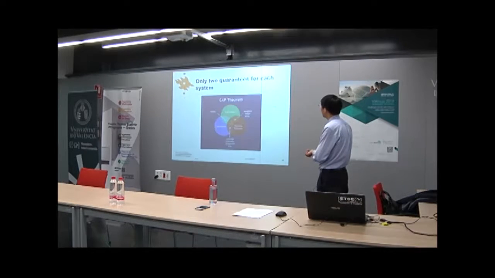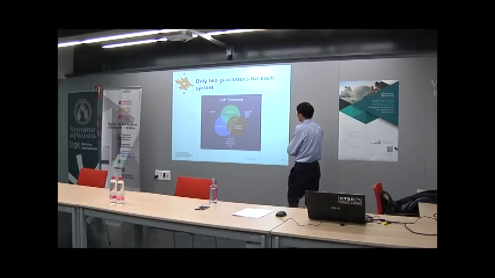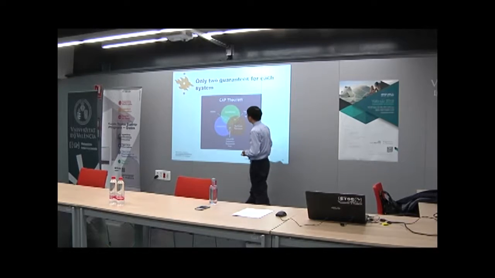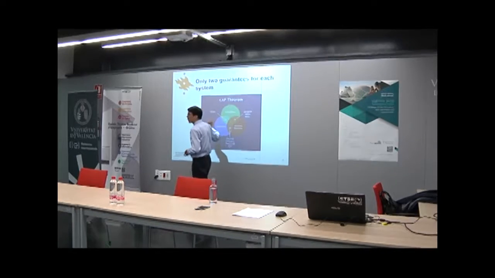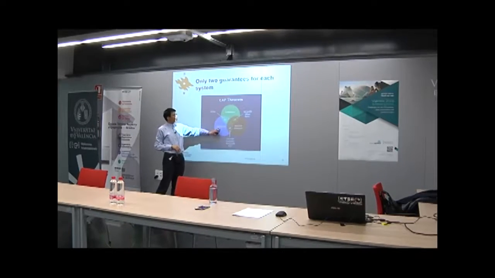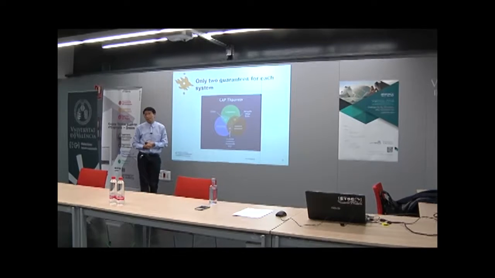We have three properties: consistency, availability, and partition tolerance. The CAP theorem tells us that only two guarantees can be provided by each system. Therefore, we have three different combinations of the three properties. If the system can support consistency and availability, an example is the RDBMS.